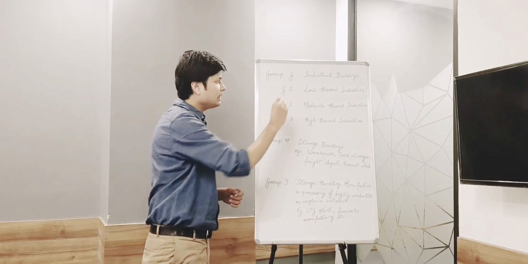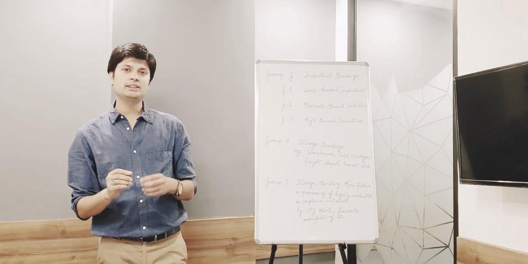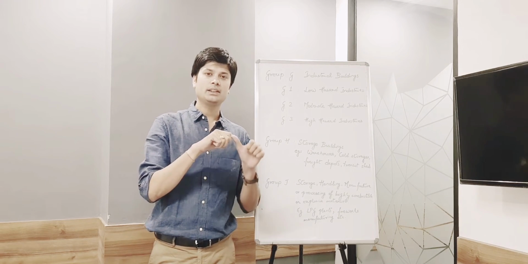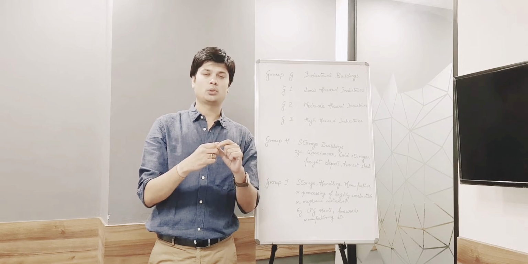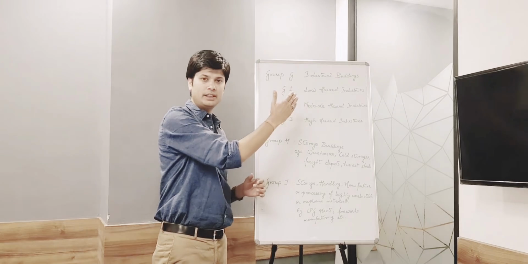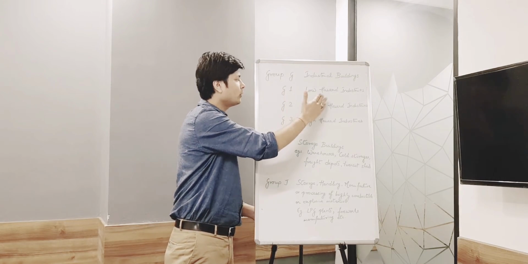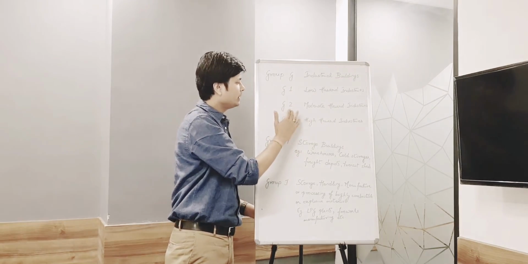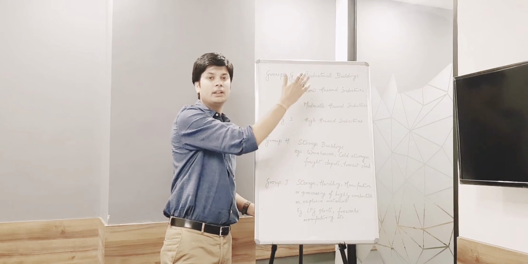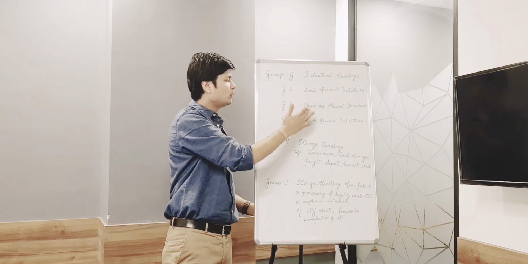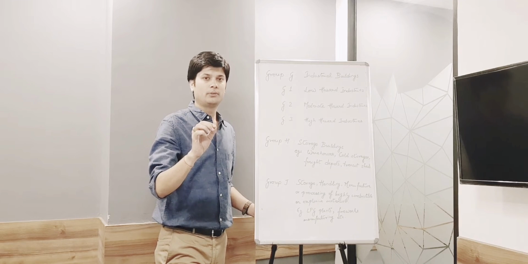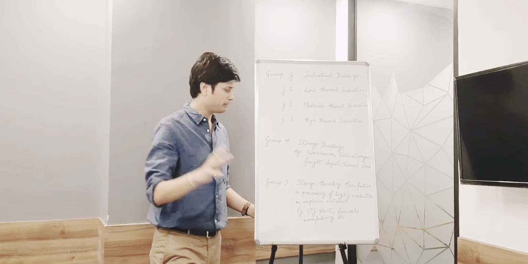So group G is industrial building. Industrial buildings are basically the buildings where any product is either manufactured, processed, or assembled. There are various types of industrial buildings which are classified as G1 low hazard industry, G2 moderate hazard industry, G3 is high hazard industry. The calculation of low, moderate and high hazard is based on the fire load which is there in the industry.